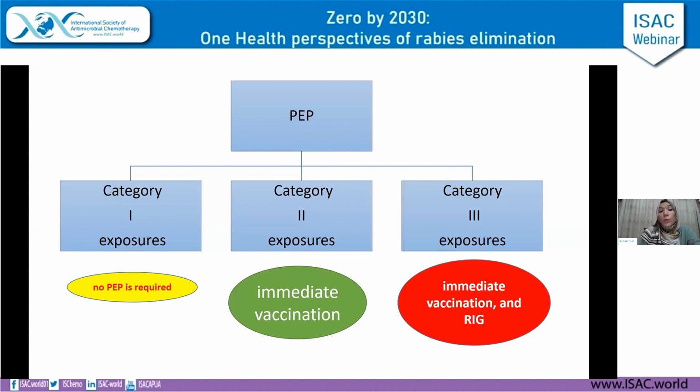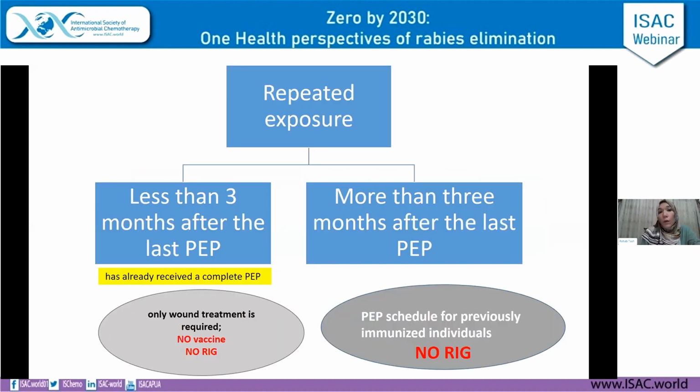According to the risk of exposure, as we discussed before, no vaccine, vaccine, or vaccine plus rabies immunoglobulin is indicated. If the patient is a repeated exposure case, we should check whether it's more than 3 months or less than 3 months.